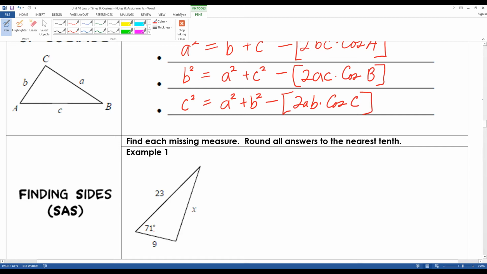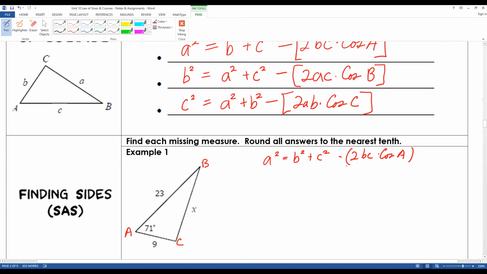Let's label this A, B, C. It doesn't matter which way you label it, but after you label it, that determines which equation you're going to use. Since I have angle A and I'm looking for side A, I'm going to use A squared equals B squared plus C squared minus 2BC times the cosine of A.